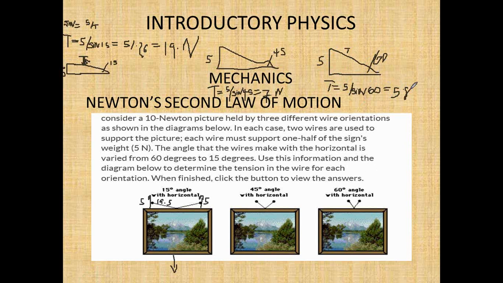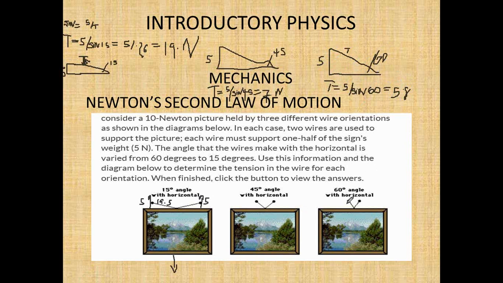The reason why we did this example is to show you that in a simple thing like doing stuff around your house, if you make the angle to the horizontal very small when you're putting up a frame, the tension in the cable is going to be very high.